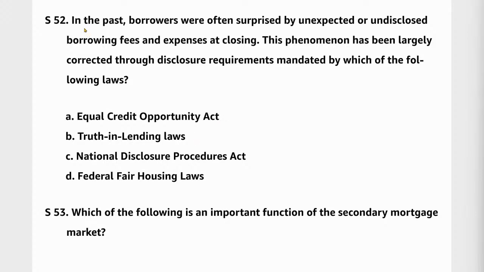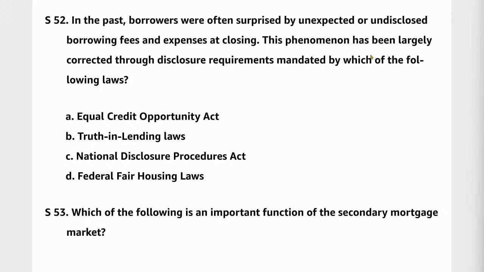So it says here, the question, in the past, borrowers were often surprised by unexpected or undisclosed borrowing fees and expenses at closing. So lenders weren't disclosing all their fees and borrowing fees to the borrower.